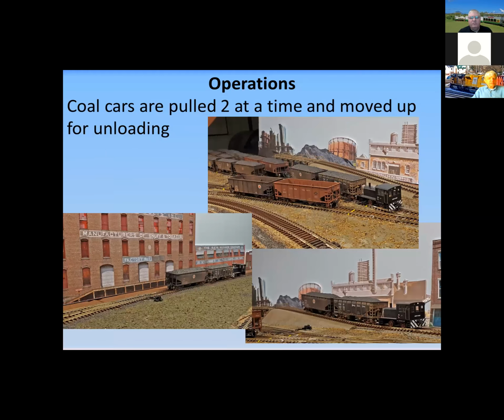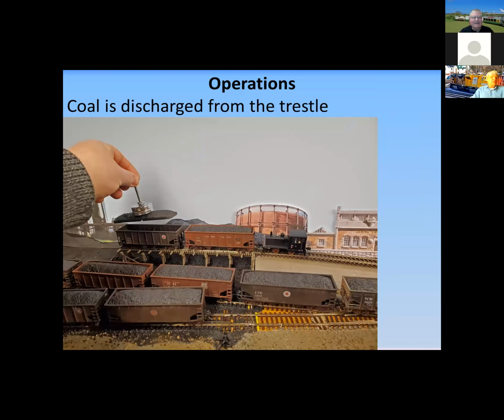Coal cars are pulled 2 at a time and moved up for unloading. Might not be totally prototypical with that little switcher, but I don't feel like doing 18 runs up the ramp. And coal is discharged from the trestle. For the coke and the coal, I've standardized on AccuRail removable loads just because it works so well.